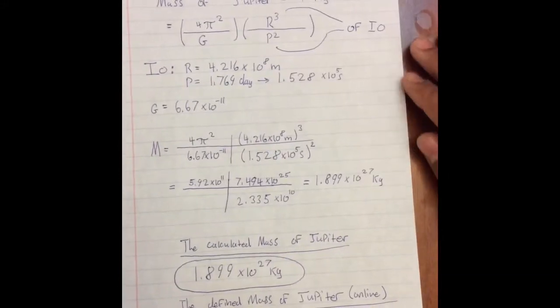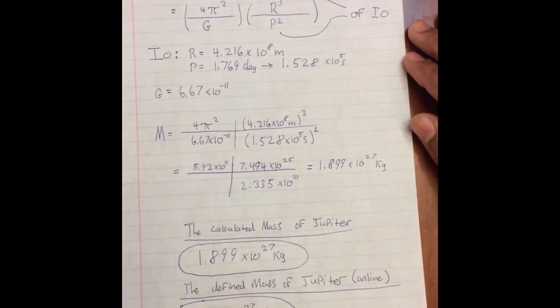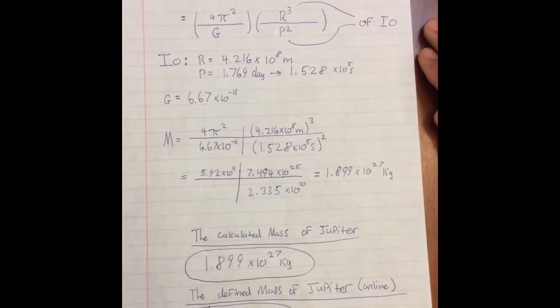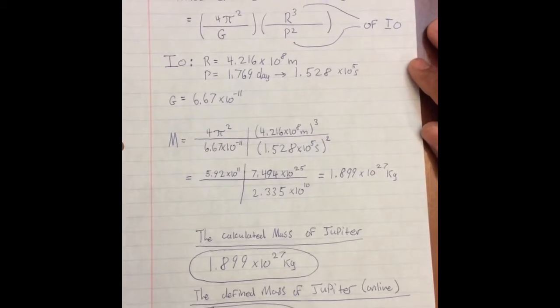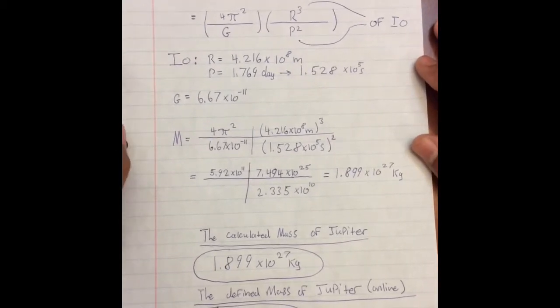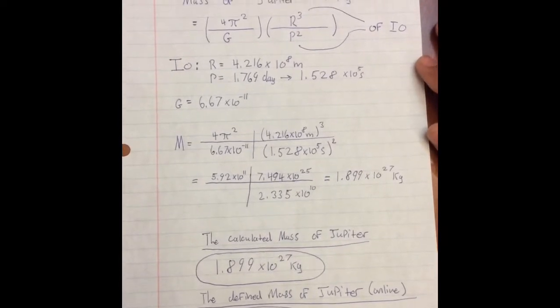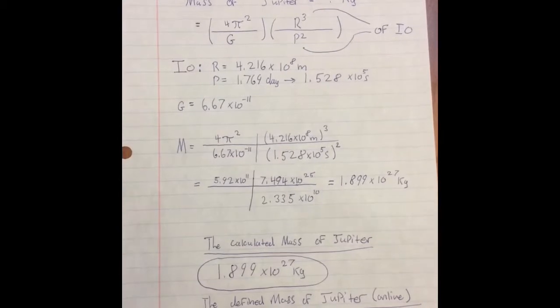I will now show the process used for calculating the mass of Jupiter in kilograms by using Newton's newer version of Kepler's third law of planetary motion. With what we know about Io, you could look it up, its orbital radius is about 4.216 times 10 to the 8th power meters.